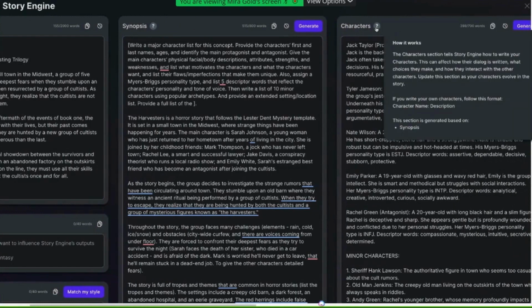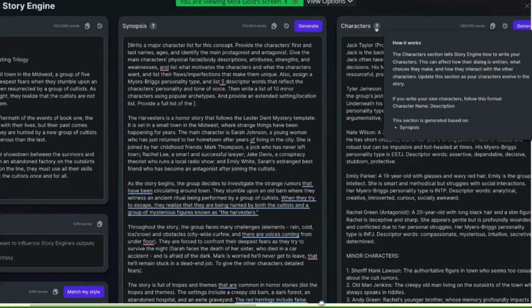If I look at my character list, the character list actually tells Story Engine how to write your characters. You have to be really detailed and descriptive about your characters, but keep in mind that your characters will grow from chapter to chapter or scene to scene. I had a character who died in one, so I had to make sure I was updating my character list.